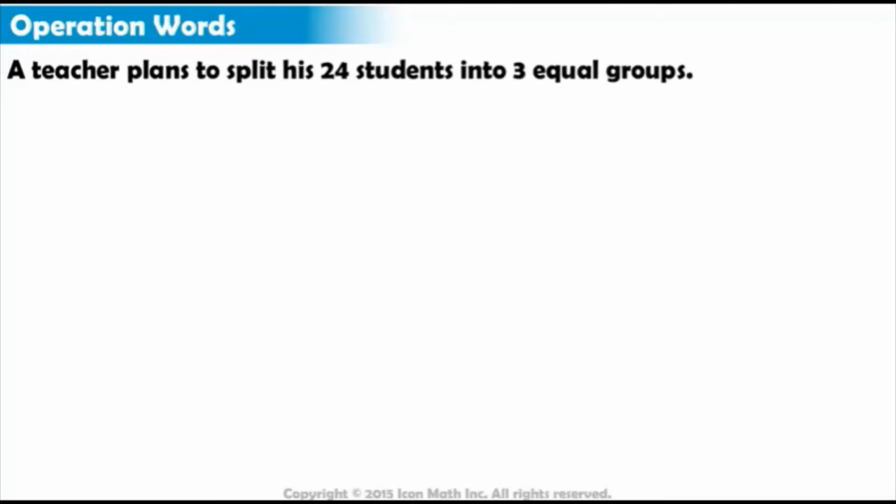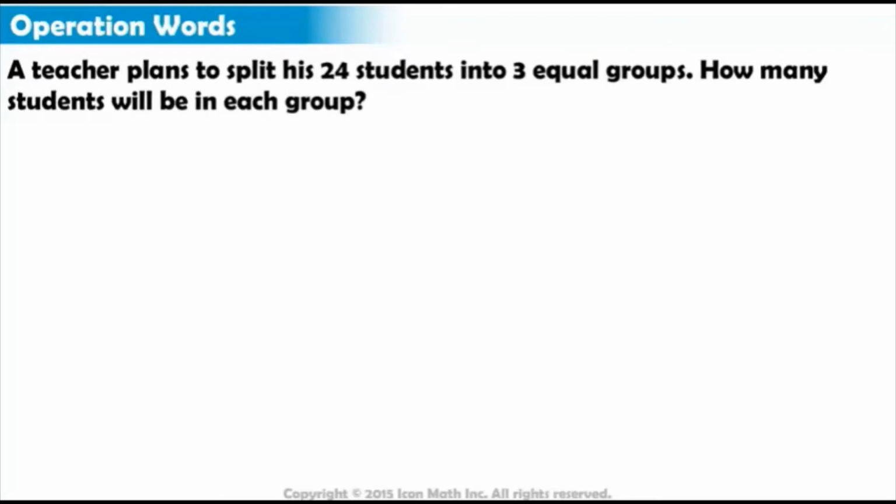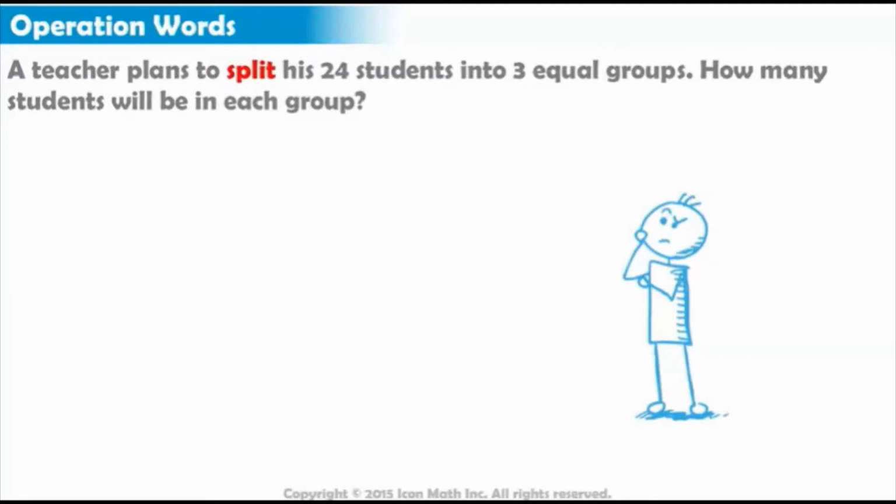Let's look at another word problem. A teacher plans to split his 24 students into 3 equal groups. How many students will be in each group? Are there any clues here? In this problem, we are looking to split an amount into equal groups.